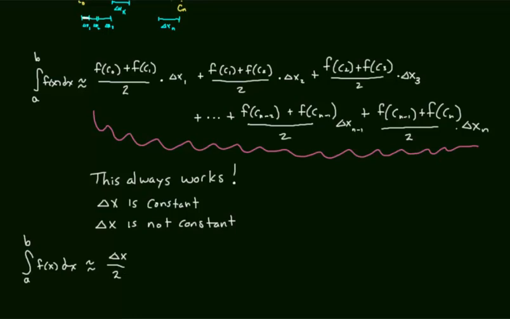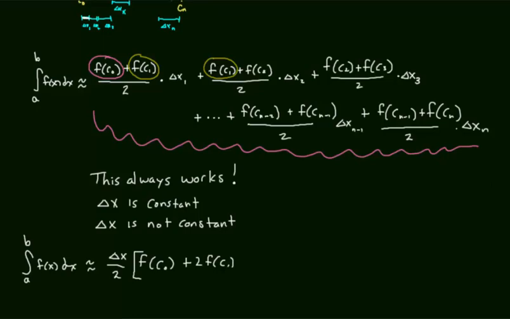And if I factor out change in x and a 1/2, then I'm left with some other items. I'm left with f of c naught. But then what am I left with? Do you see here that we're going to have f of c1, but then we're going to have another f of c1? That means we're going to have 2 of the f of c1s.